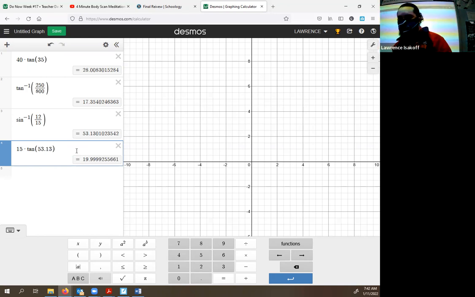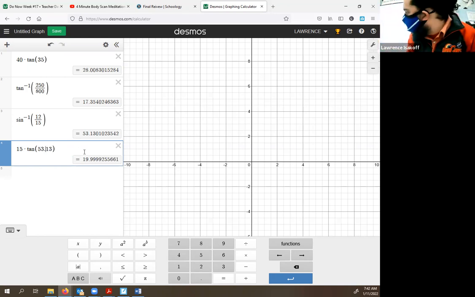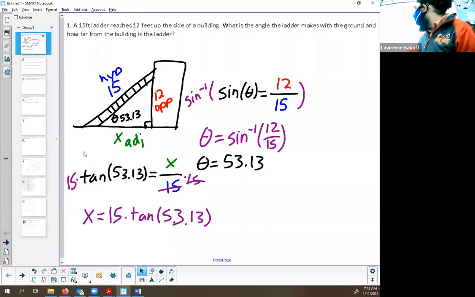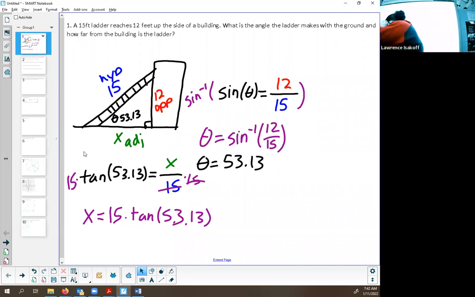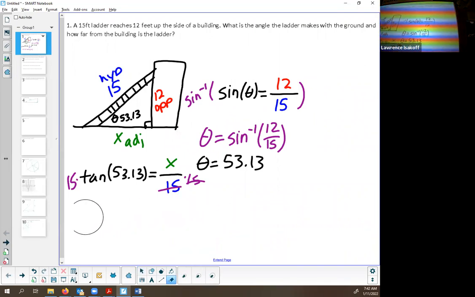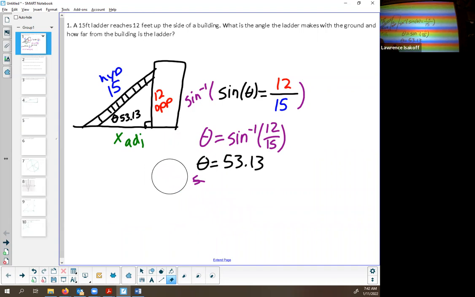And, oh, not the tangent. Sorry. Whatever. It's early in the morning. Let's restart that one. I'm not using tangent.